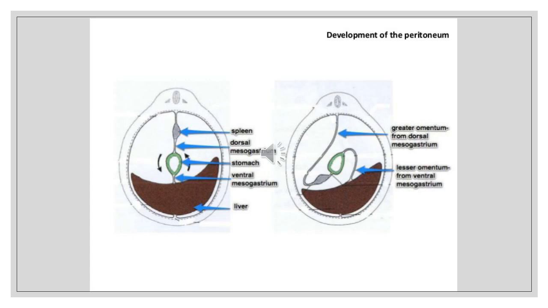The ventral part develops as the gastrosplenic ligament, connecting the spleen and the stomach. Similarly, the dorsal part of this cranial part of the dorsal mesogastrium connects the spleen to the kidney on the posterior abdominal wall, and that is called the lienorenal ligament.